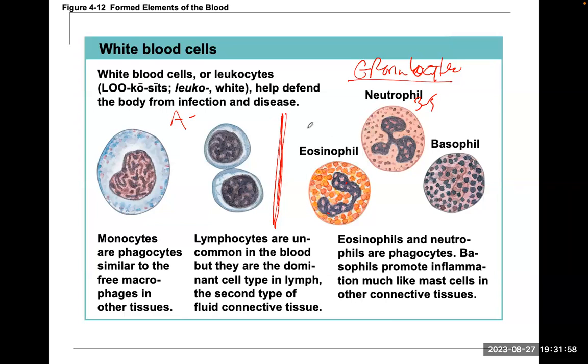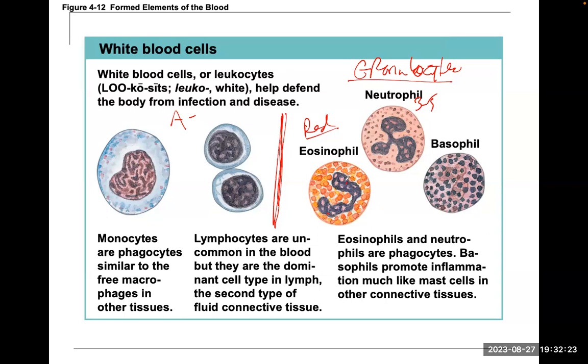The eosinophil, the cytoplasm typically stains red. It's an acidic stain. The basophil is basic. It stains blue. And the neutrophil is neutral. So if you see a bilobed nucleus, it's an eosinophil. If you see 3 to 5 lobes to the nucleus with granulations, it's a neutrophil.